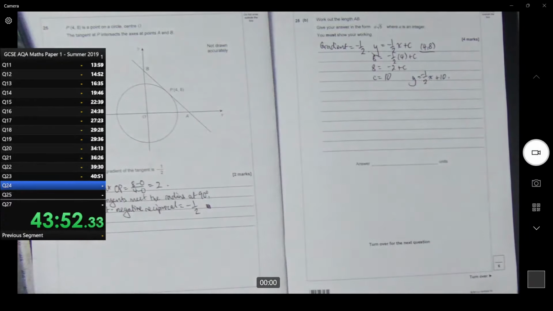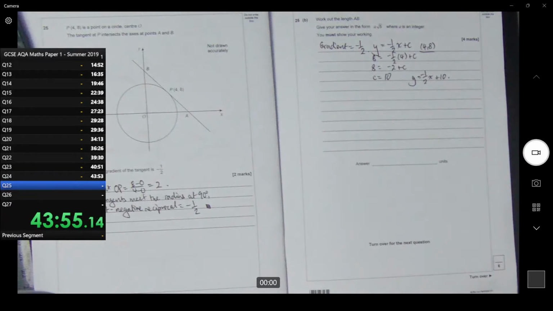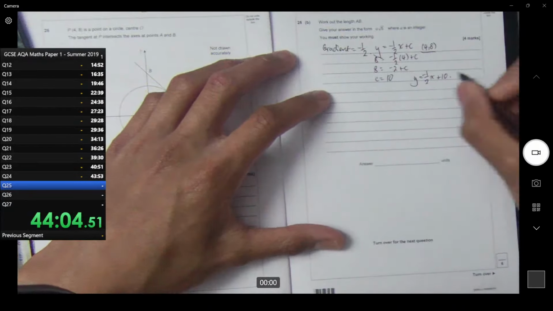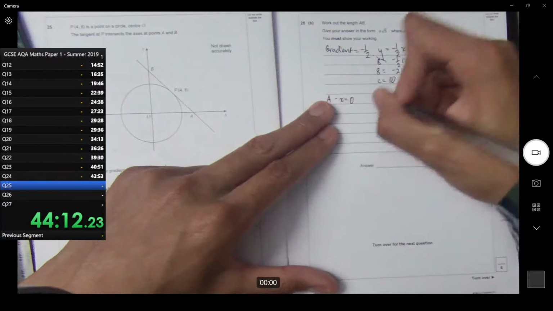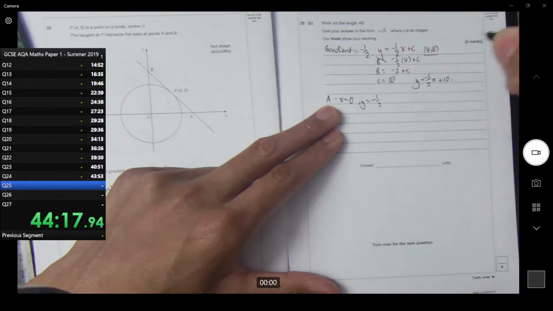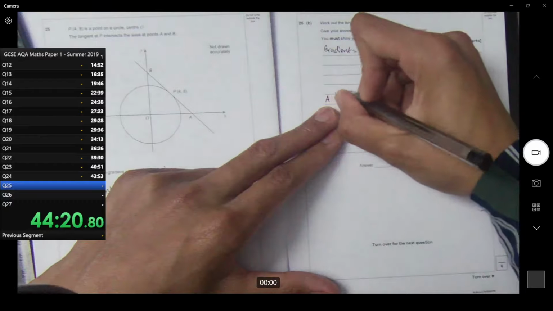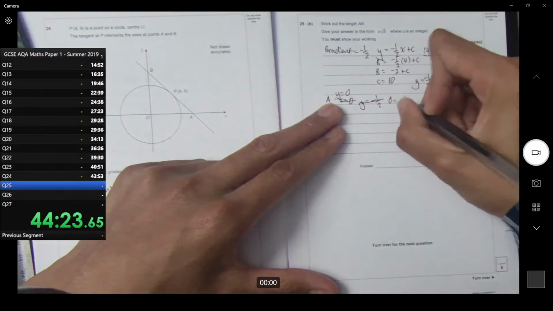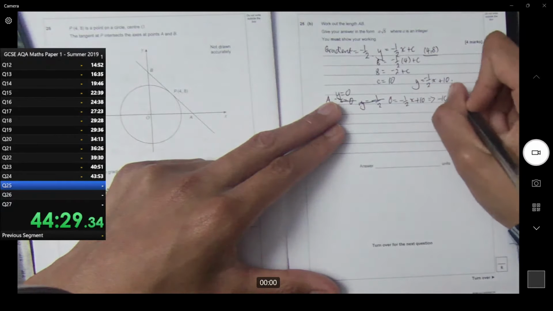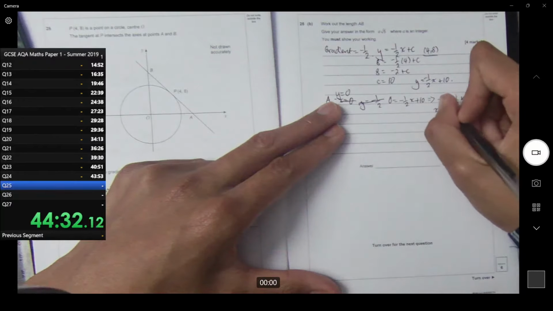Next we need to find out points A and B. So point A, y equals 0, so x is 5.